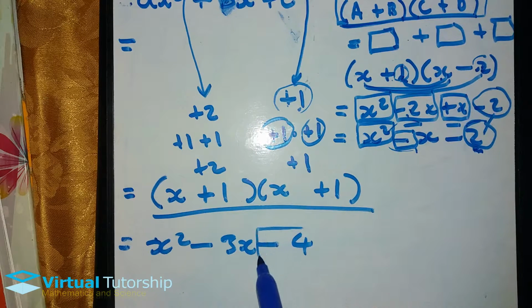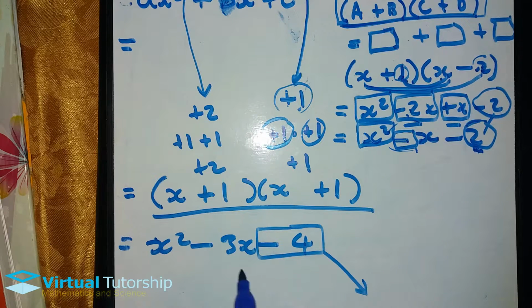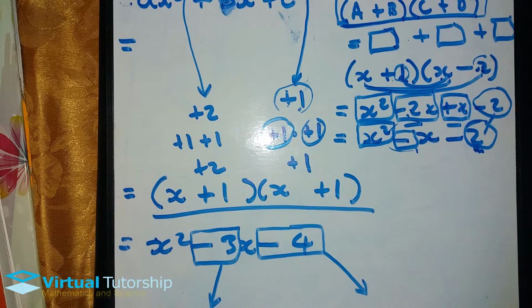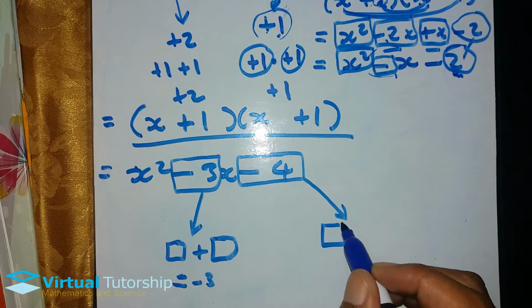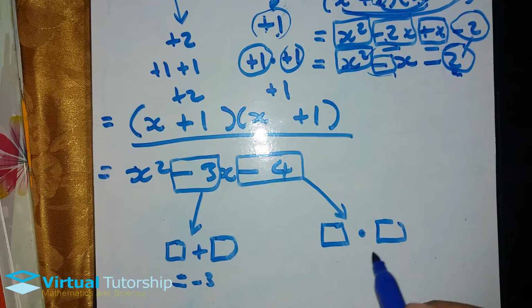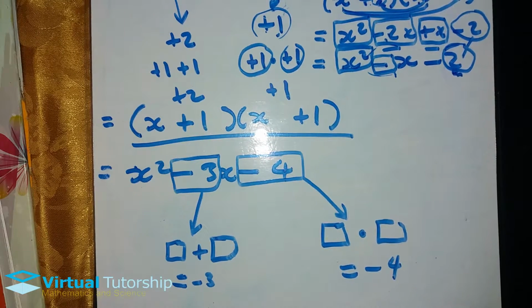Same logic here: I want 2 numbers which when I multiply them give me a negative 4, and at the same time when I add them give me a negative 3.